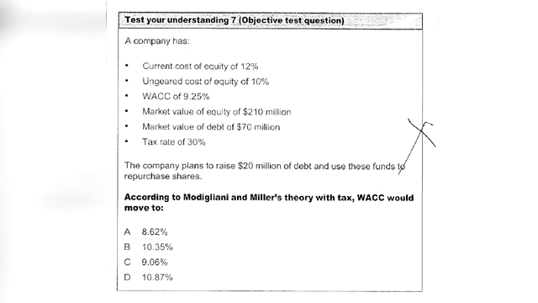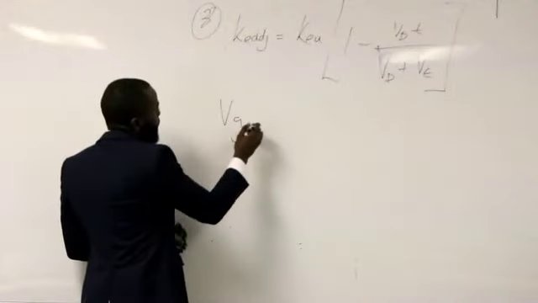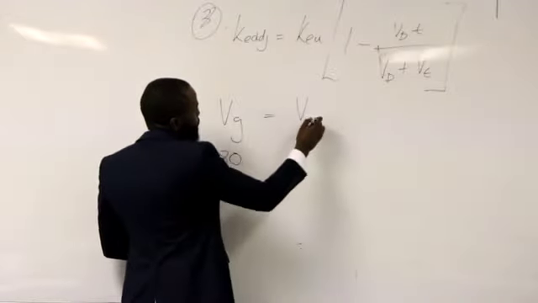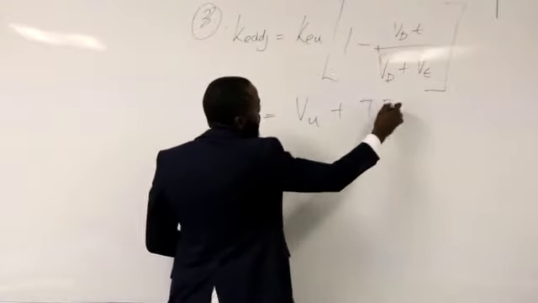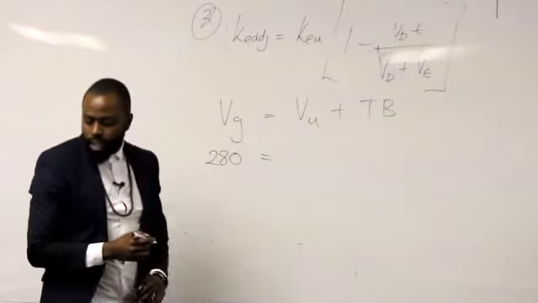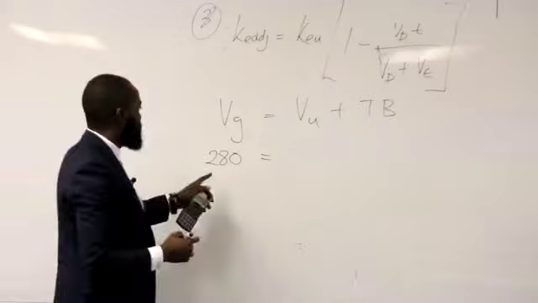We need to determine the value of equity in this new company, because we were told equity was 210, the debt was 70, which means the value of this geared company was 280. First, we just need to determine the value of the ungeared company. So the value of the geared company was 280, 210 here was equity, 70 was debt.